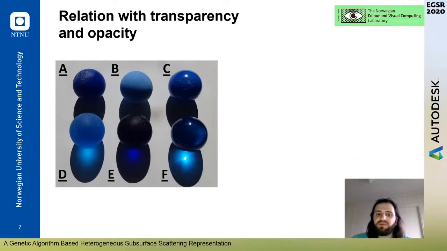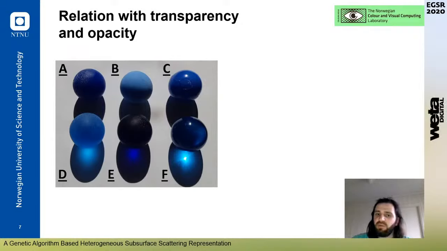For example, if we refer to the image on the left, the object E, this image is from our paper about the research on how the presence of caustics impacts perception of translucency. And for object E, the caustics are the only cue that tell us that this object is translucent.